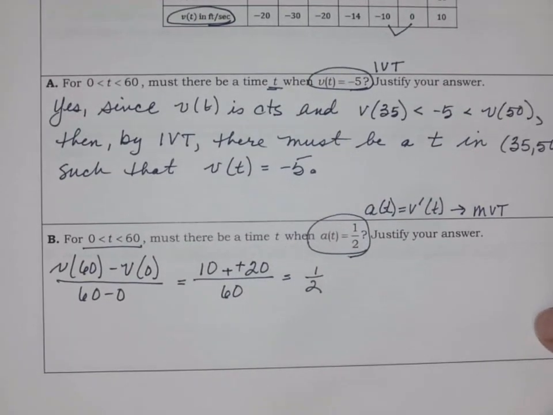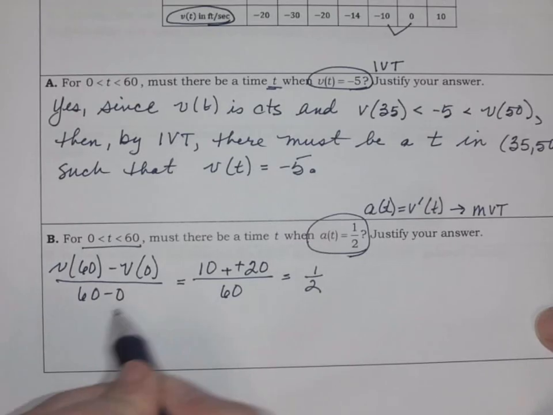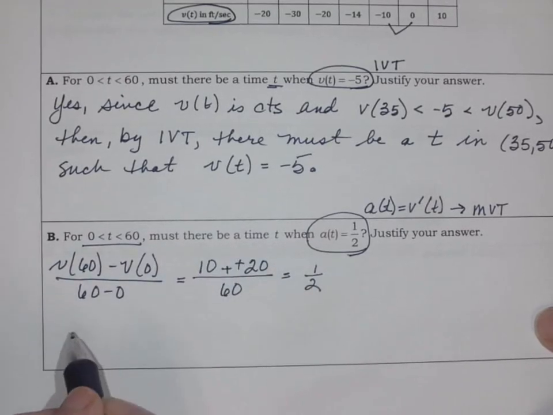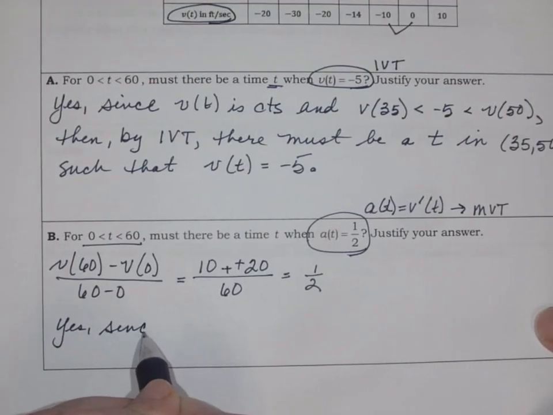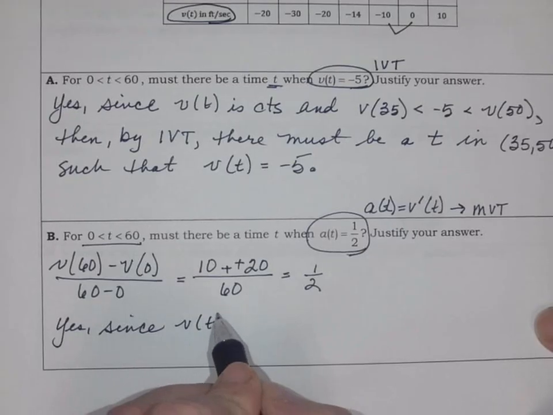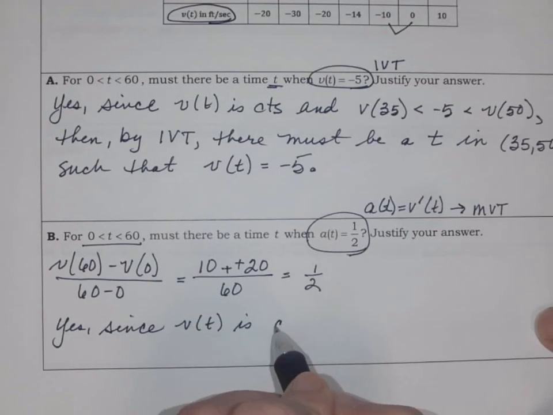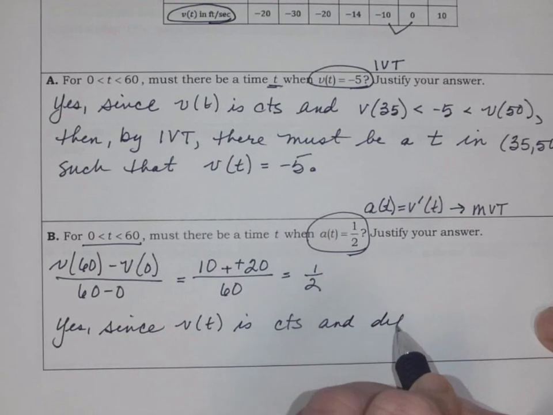So now we're ready to write our sentence, our justification. So we say, answer the question, must there be a time t? So we say yes, since, okay, so now conditions for this one. We need v of t is continuous and differentiable.